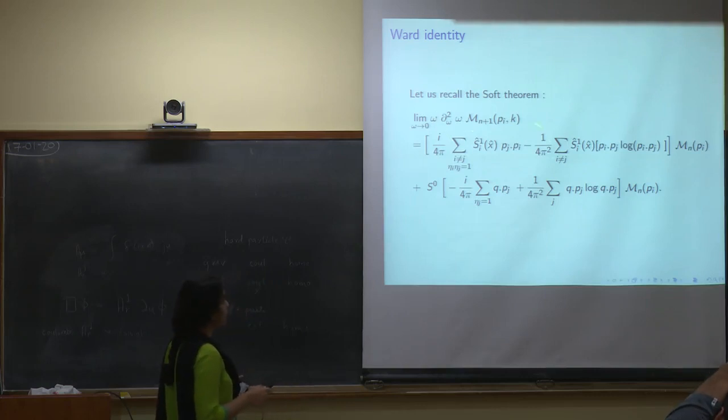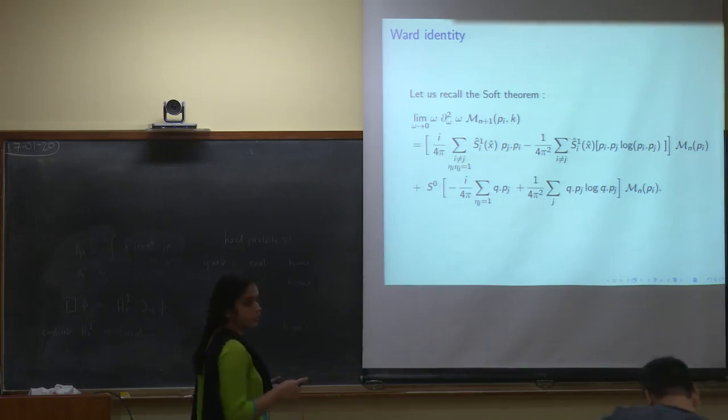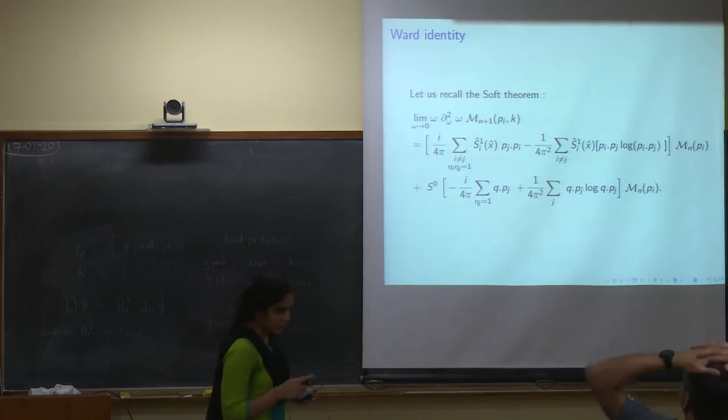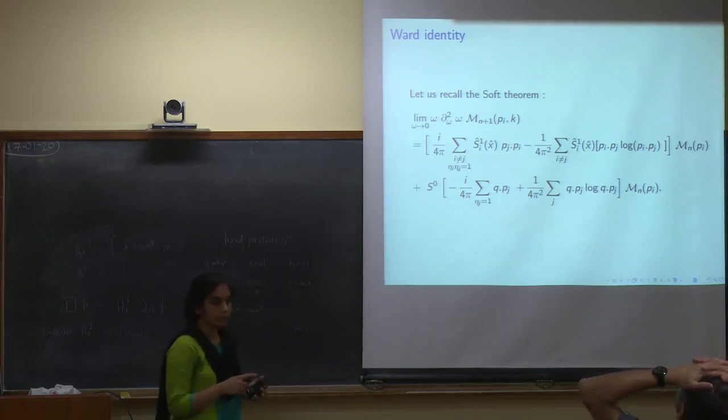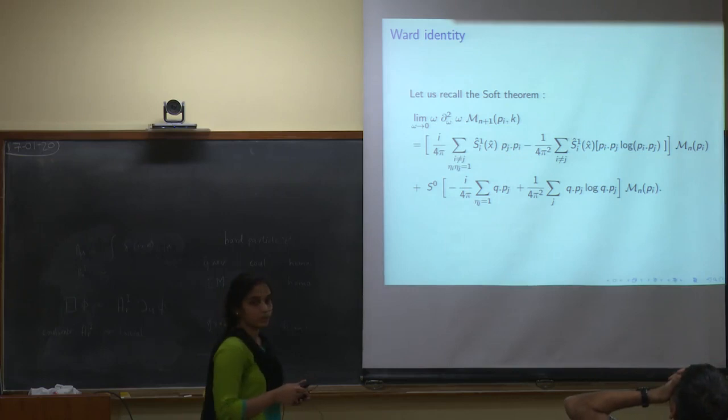So the soft theorem has these two factors. Okay, that look like the terms that we have reproduced from the dressing of the hard scalars. And these two terms should then come from HRR1. Okay.